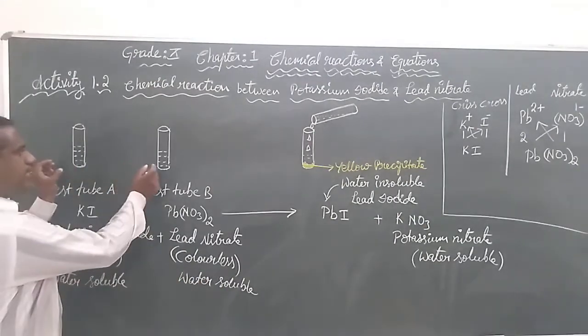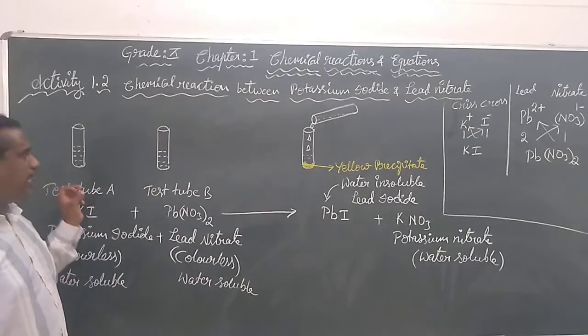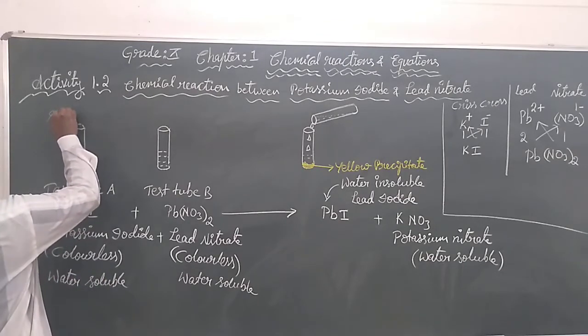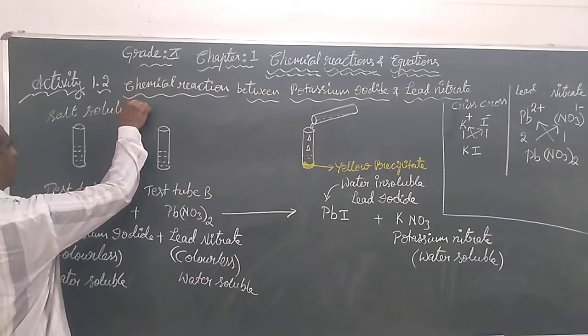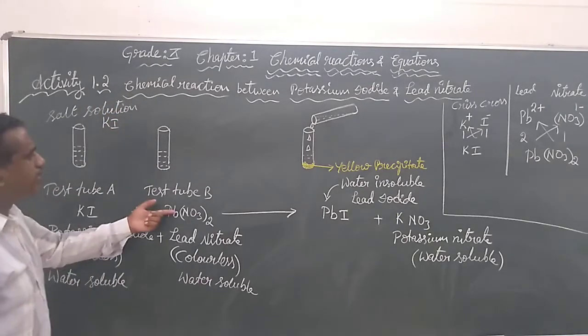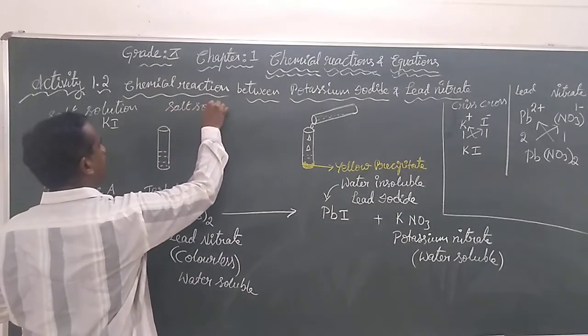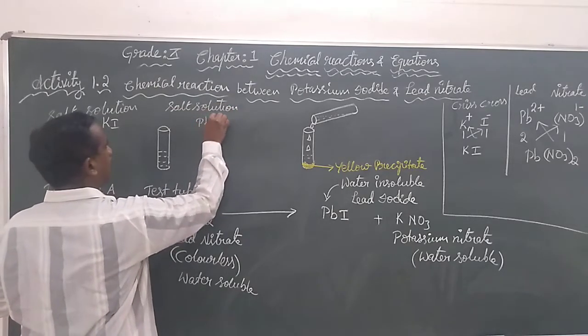Now in these test tubes, in test tube A, there is a salt solution of potassium iodide. In test tube B, there is the salt solution of lead nitrate.